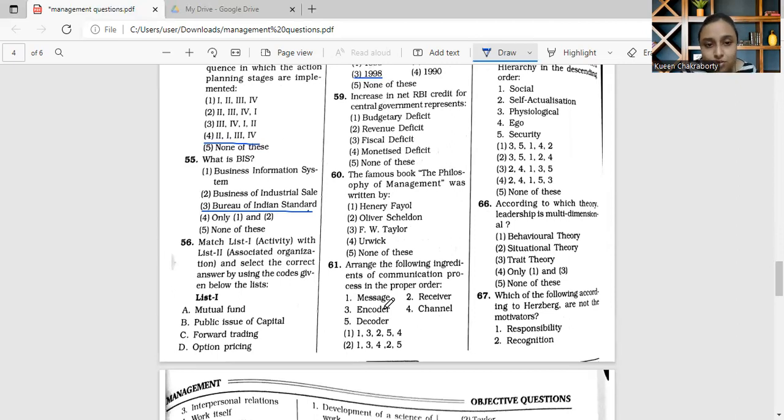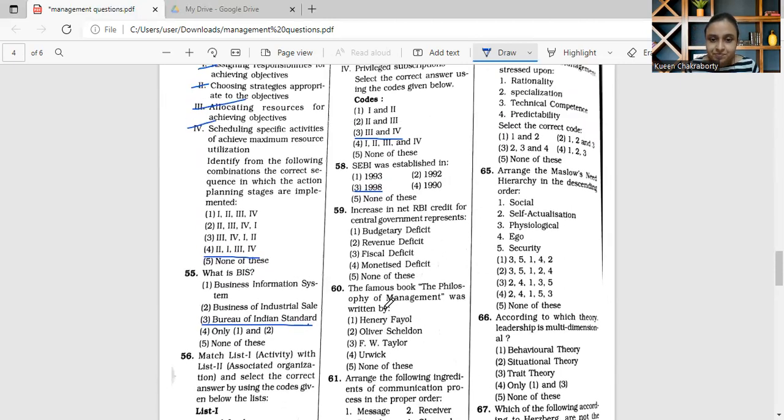Next, moving on to question number 59. Increase in the net RBI credit for central government represents budgetary deficit, revenue deficit, fiscal deficit, monetized deficit, or none of this. Okay, now what is a monetized deficit?